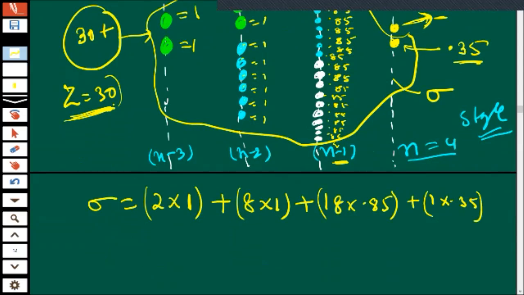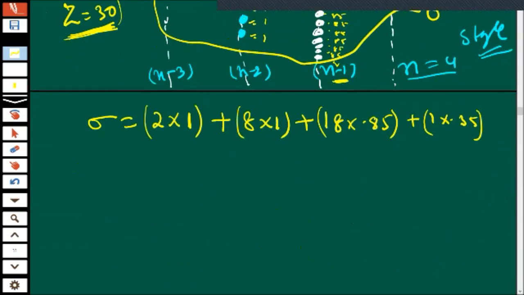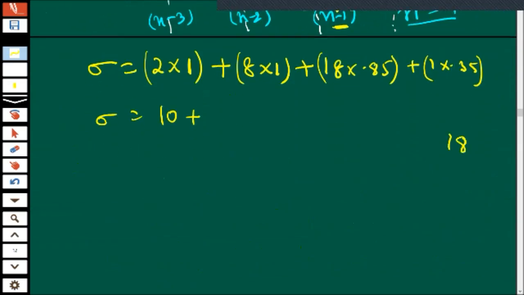So this is Z, this is sigma. Let us see what effect of the nucleus reaches this 30th electron. We will do the calculation. 2 plus 8 is 10. 18 into 0.85 is 15.30.